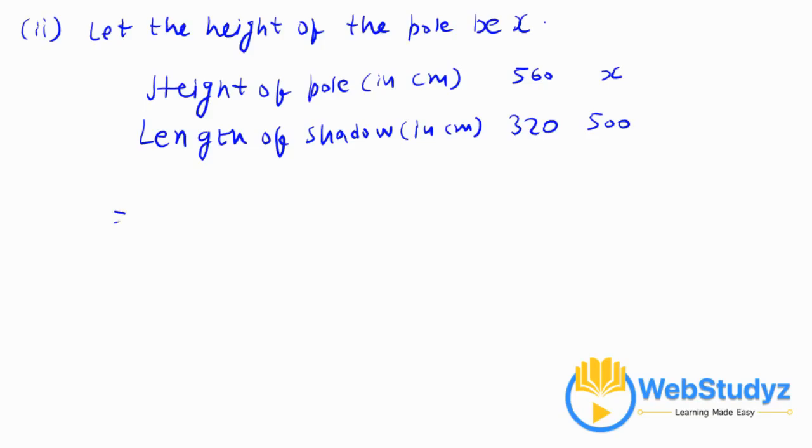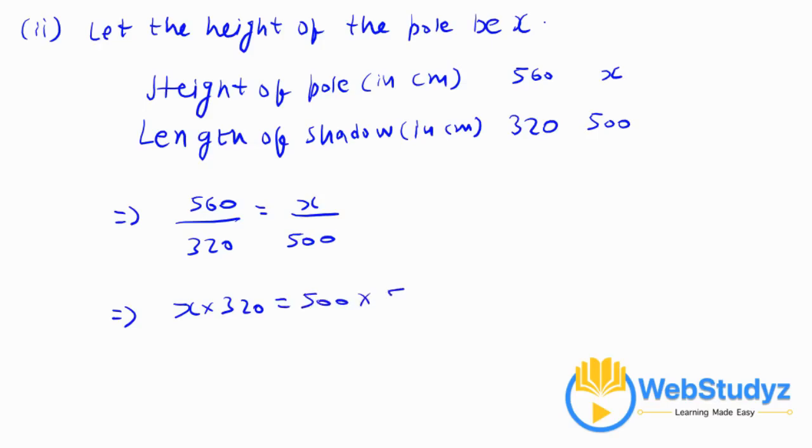So as we know they are in direct proportion, we can write this as 560 by 320 should be equals to x by 500. We can write this as x into 320 should be equals to 500 into 560.